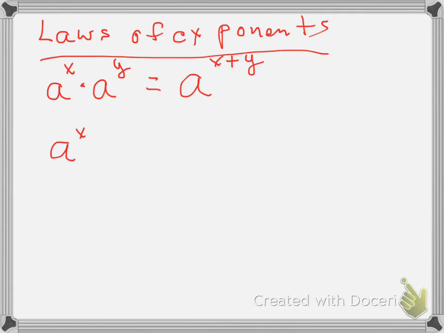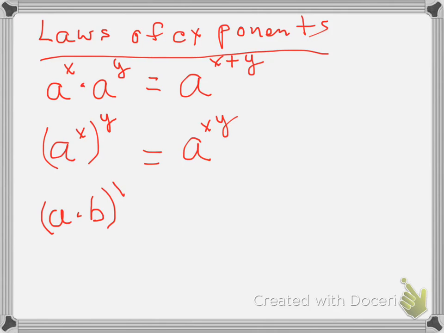Now, if I had a to the x raised to the y, a power raised by a power, we multiply the exponents. Now, we could take that and look at it a little bit differently. If I had a times b in parentheses, and I had that all raised to the x power, that's the same as saying having a to the x, b to the x, right? I think of the exponents in here as 1, and I distribute the x onto both of them.